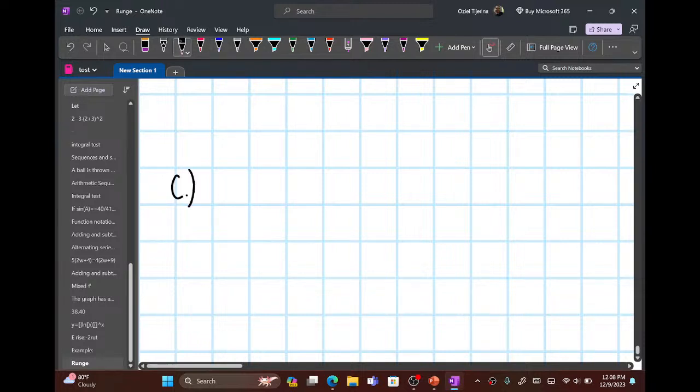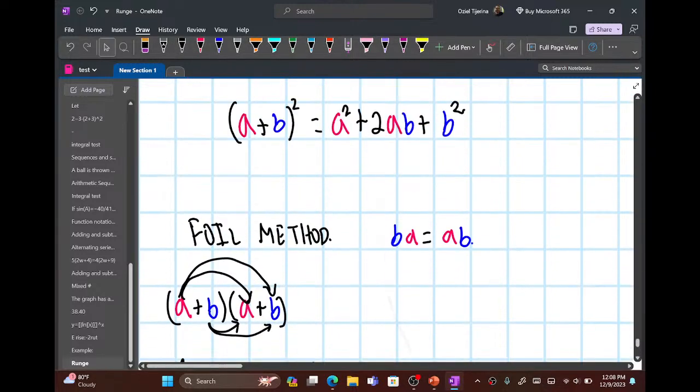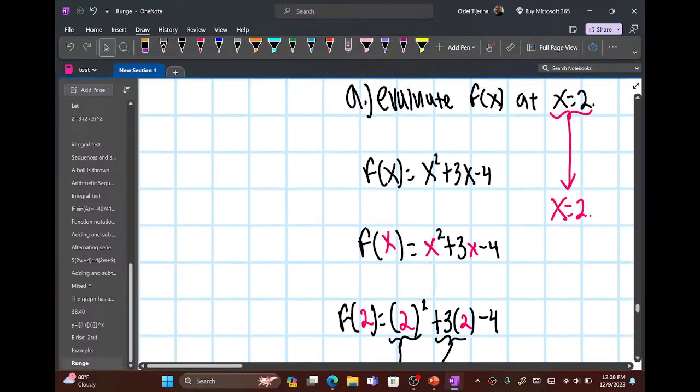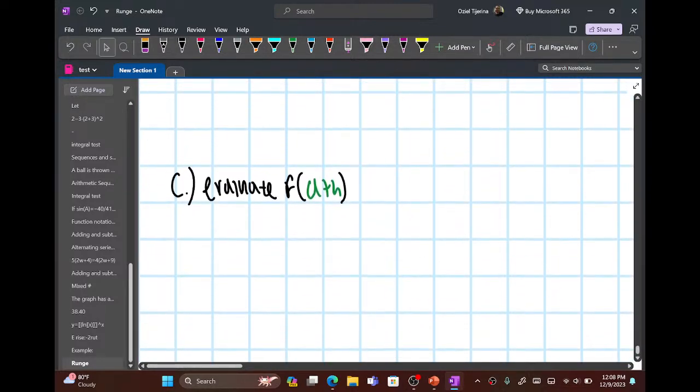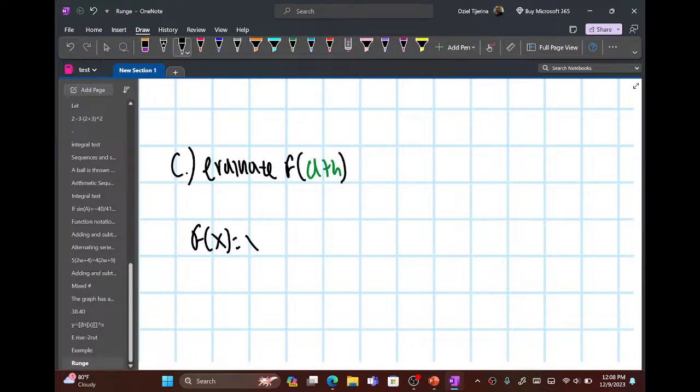So part C says evaluate, really they just give us f of a plus h, but it's evaluate f of a plus h. I'm going to do it in green. Now, again, f of x is x squared plus 3x minus 4.